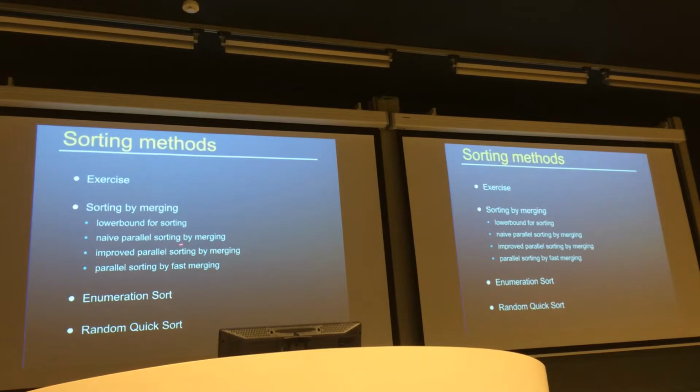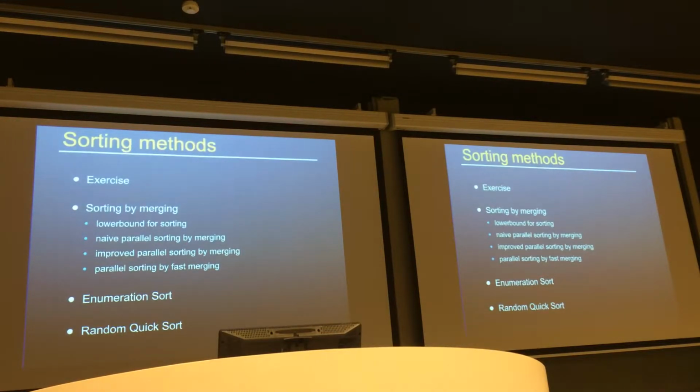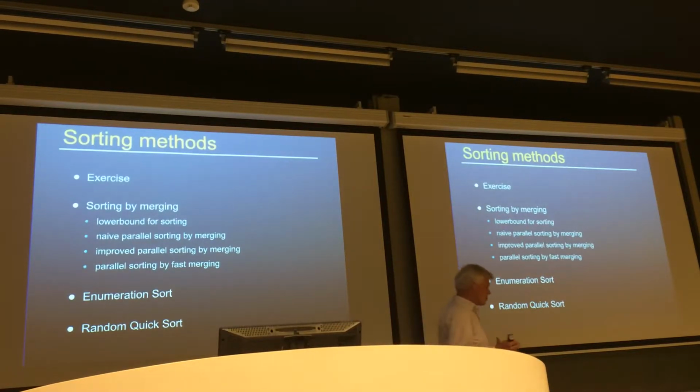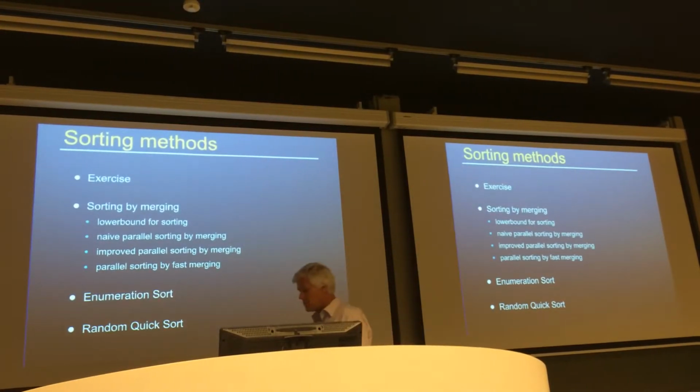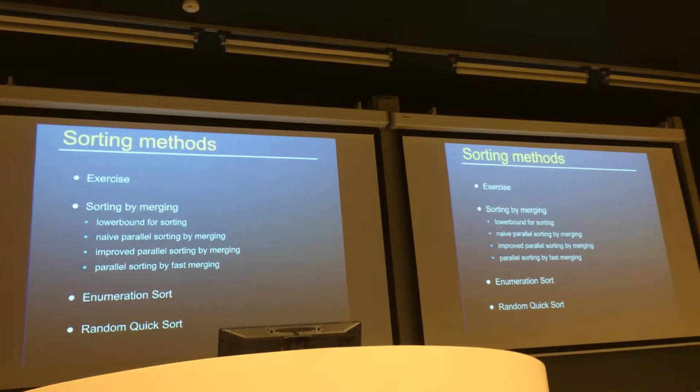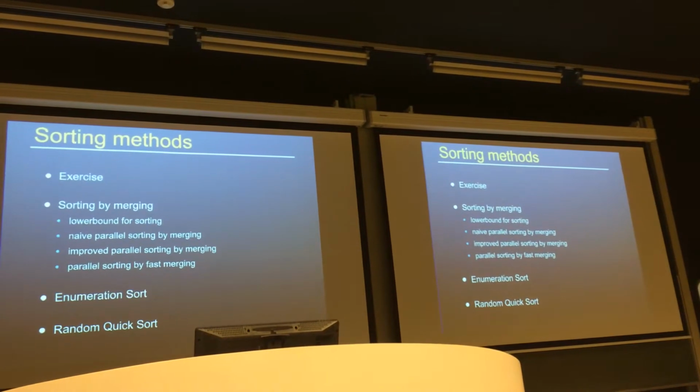The first is naive parallel sorting by merging, where we will discover that using some method for merging two sequences can use too much parallelism, which results in a very bad work-time profile. If you want to improve such a parallel algorithm, you have to find a way to balance the sequential and the parallel time.